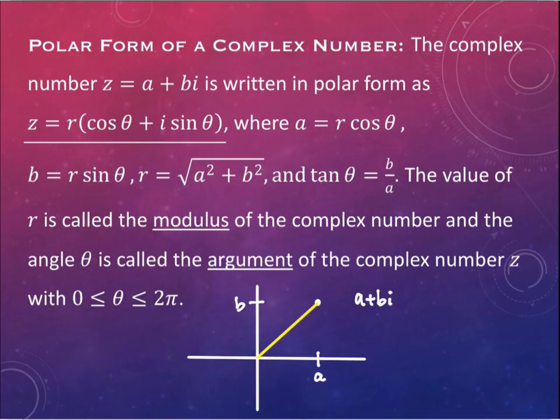Yes? In terms of polar coordinates, this is the r, and this is theta. So instead of measuring our x distance and y distance, right, our a distance and our b distance, we measure how far away we are and the angle that we are away from the x-axis. That's what polar coordinates do.